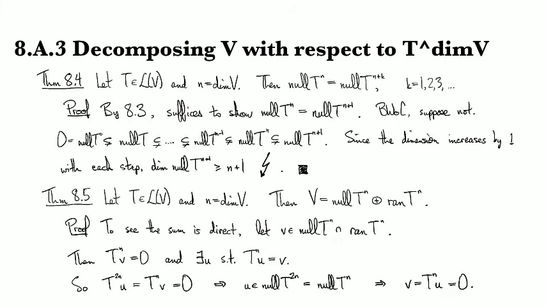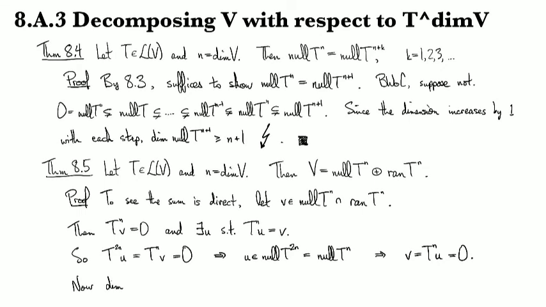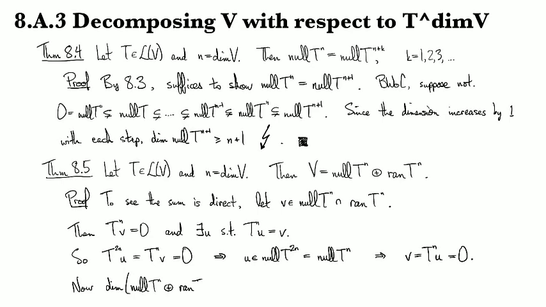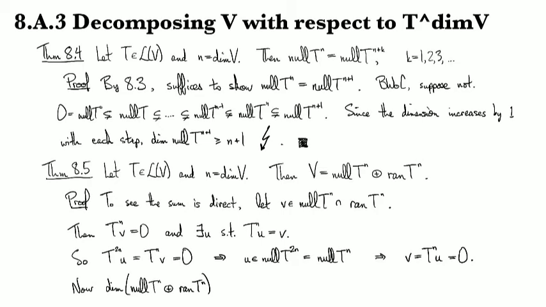All right, so now if we look at the dimension of the null space of T to the n plus range of T to the n, we can use a dimensional argument to see that this is actually equal to V. Why? Because it has the same dimension as V, and a subspace with the same dimension has to be the same space.